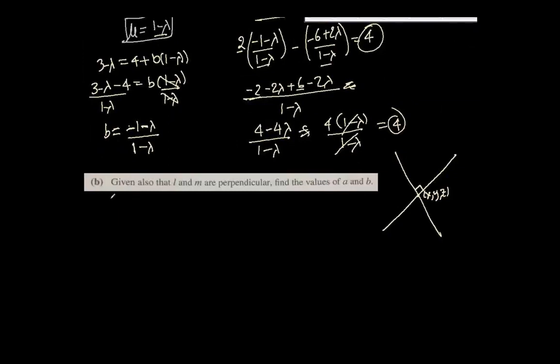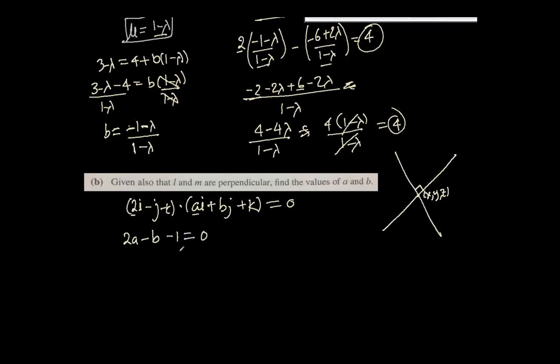So they are 2i minus j minus k dot ai plus bj plus k equal to 0. So dot product. In dot product, we just multiply the coefficients of i, j, and k. So 2 times a is 2a, minus 1 times b is minus b, minus 1 times 1 is minus 1, equal to 0.